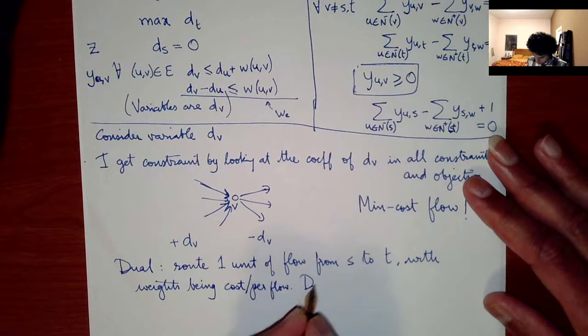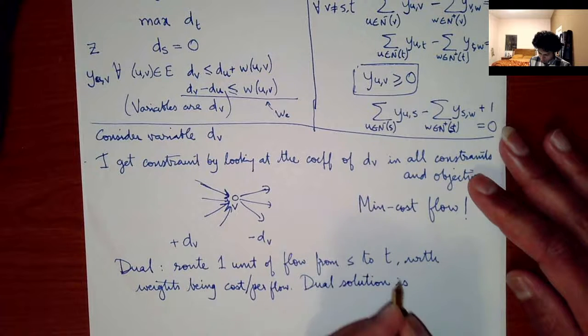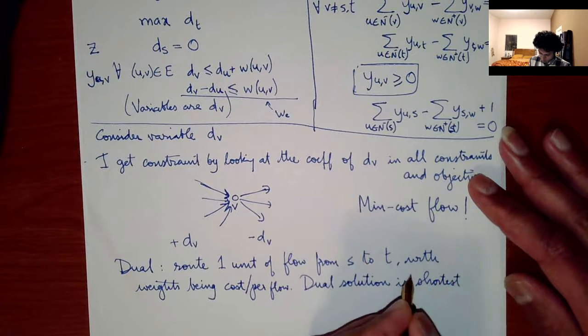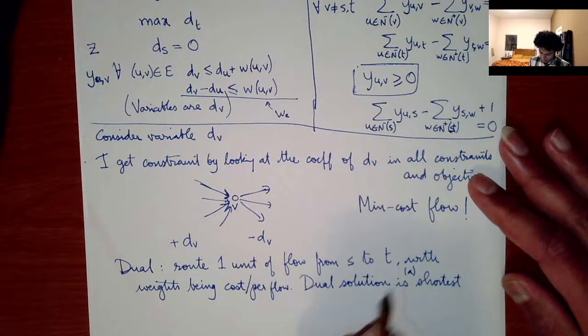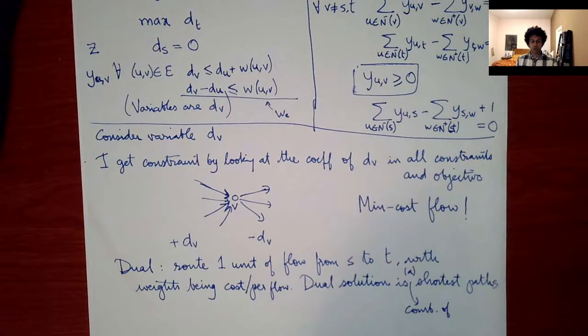The dual solution is a shortest path, or technically a combination of shortest paths. So if there are multiple shortest paths, the dual could choose to send flow along all those shortest paths. But note that there is this correspondence between the paths and the flow, and the shortest path distance and the min cost flow. And this is going to reappear again when we study min cost flows.